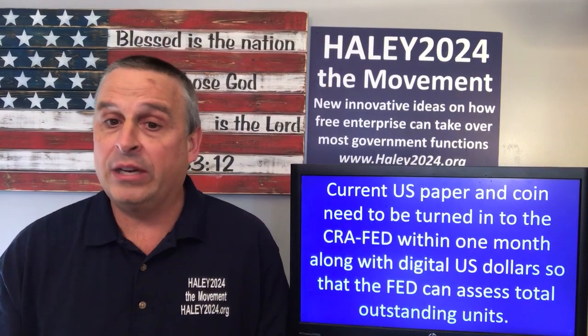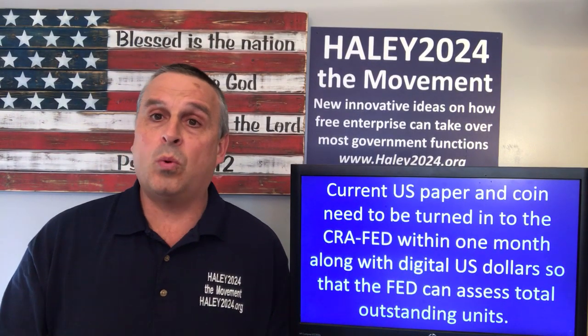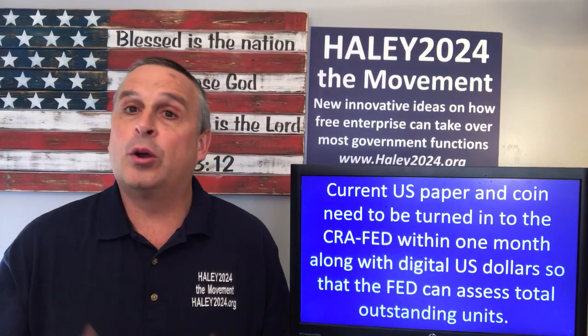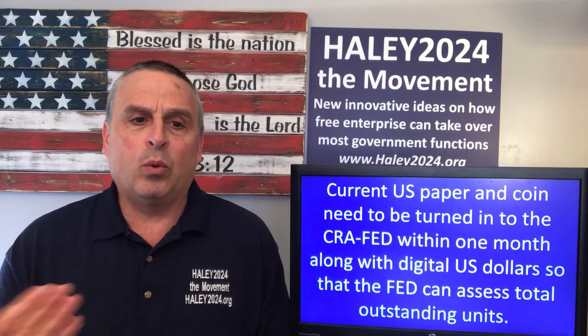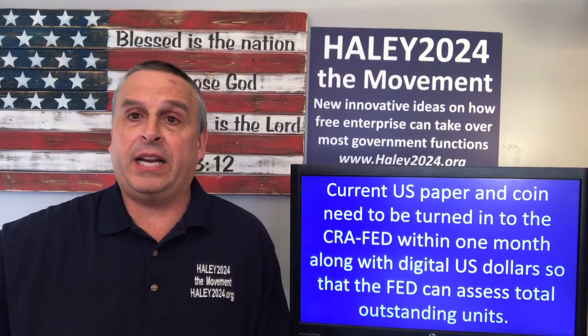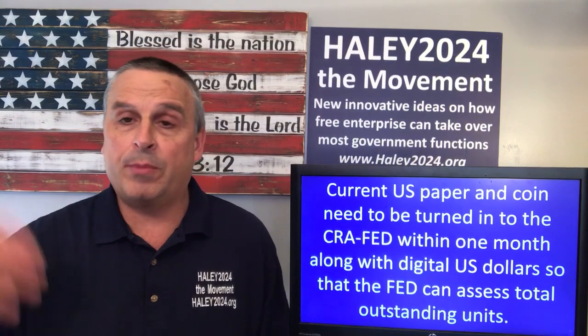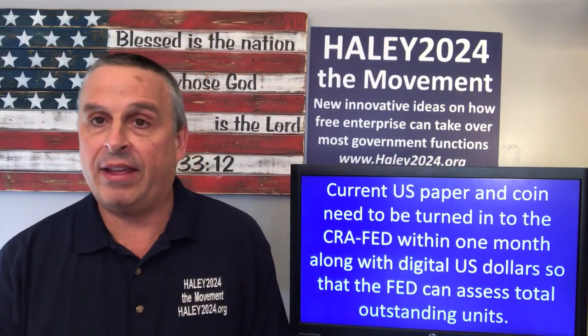And you can have anonymous ones too, if you don't want to show how many dollars you own. There are anonymous ways to do it. Within one month, after that, any outstanding US dollar is going to be worthless. We'll give people plenty of time to understand that.